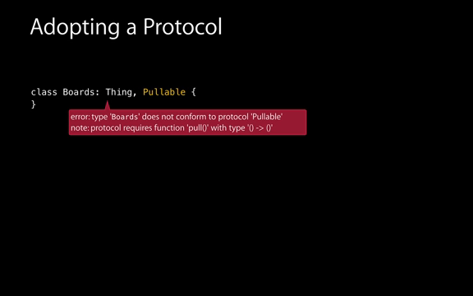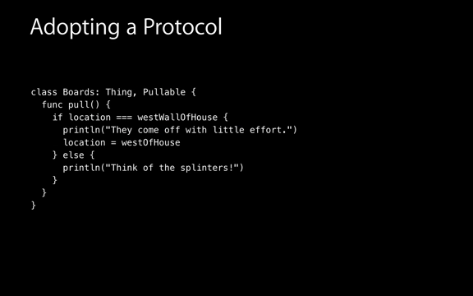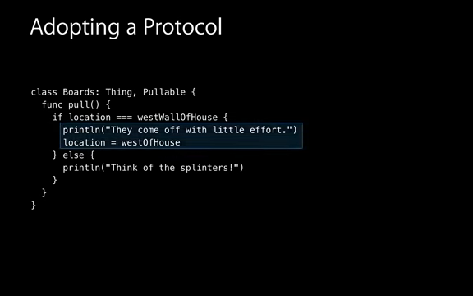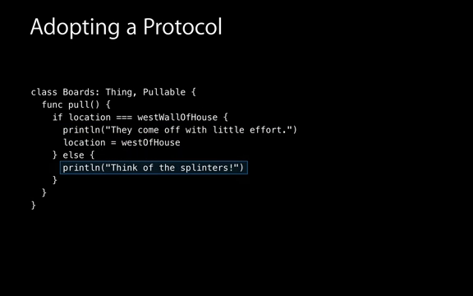So I need to go add the pull method, which for my boards is going to be very straightforward in its functionality. You just check to see whether the boards are still on the wall. And if they are, you move them to the ground and print a message. And then we'll just print an error message if they're not still on the wall so that the player knows that they don't need to care about these boards anymore. They're not going to be useful in the rest of the game.